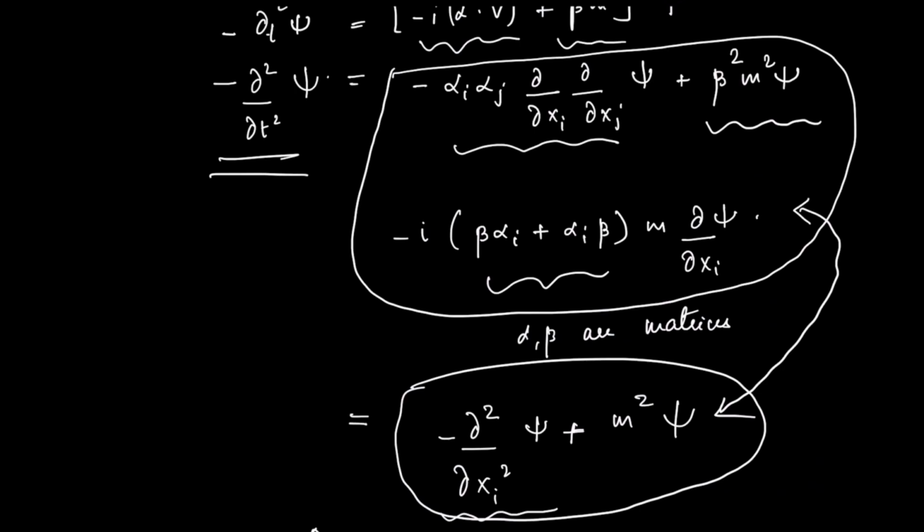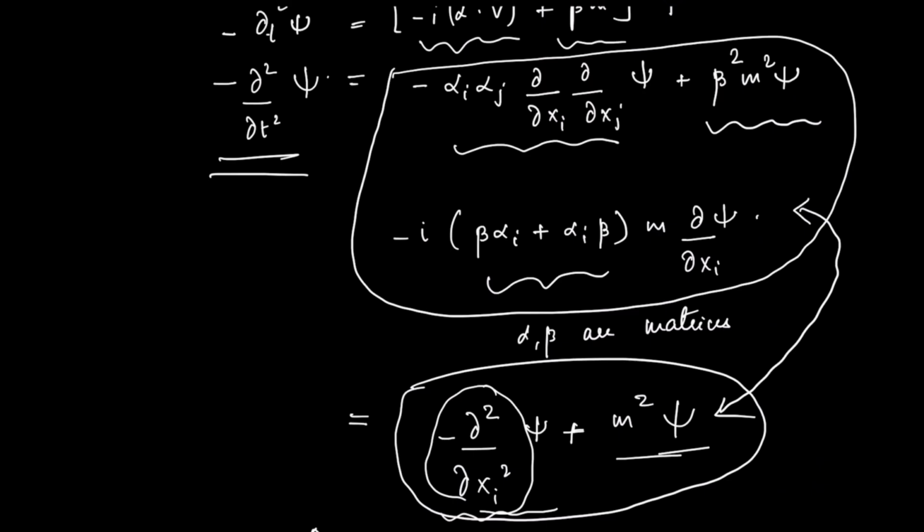Okay, I'll compare the coefficients of psi, m square psi, and the partial derivatives, right, so that I can get the condition. What is the condition for this equation to be Lorentz covariant?